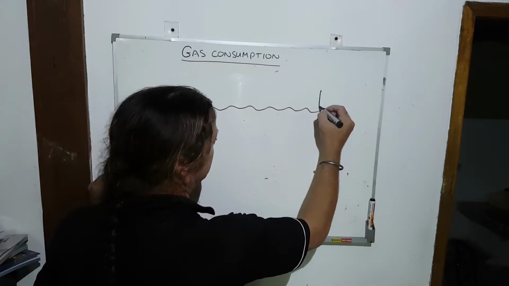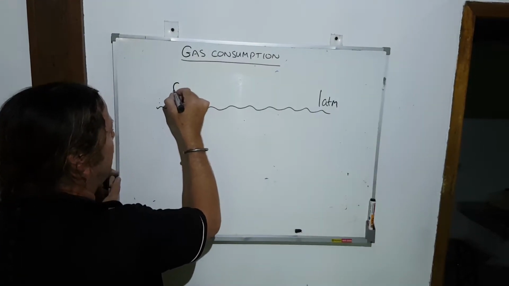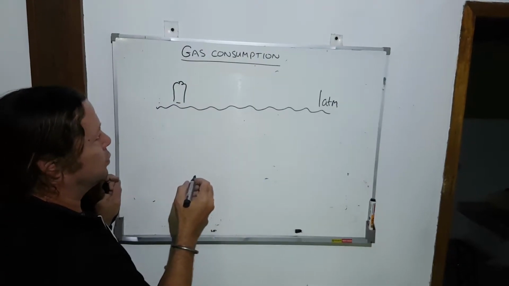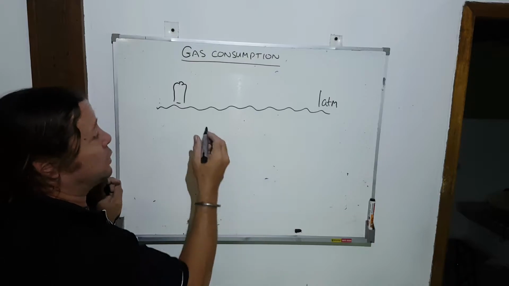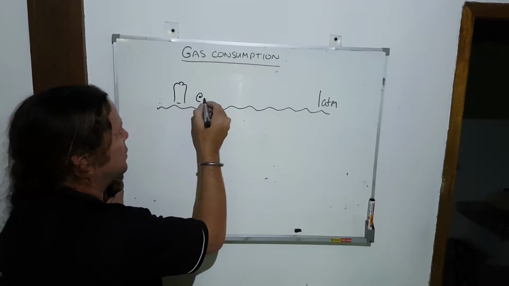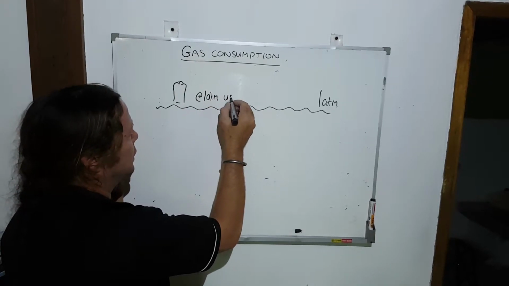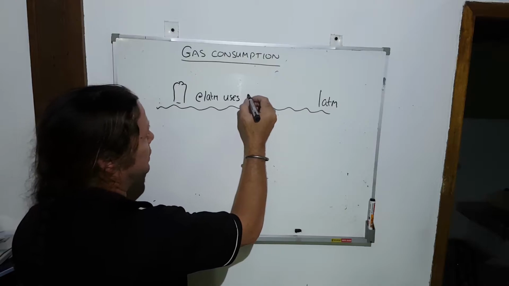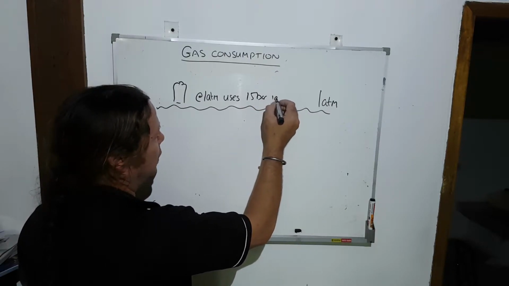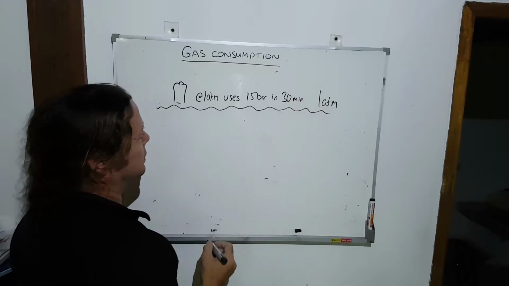There's my sea. I'm at 1 atmosphere. And because I have nothing else to draw, I'm drawing a tank. Now, my question says that my guy uses, at the surface, at 1 atmosphere, 15 bar in 30 minutes.